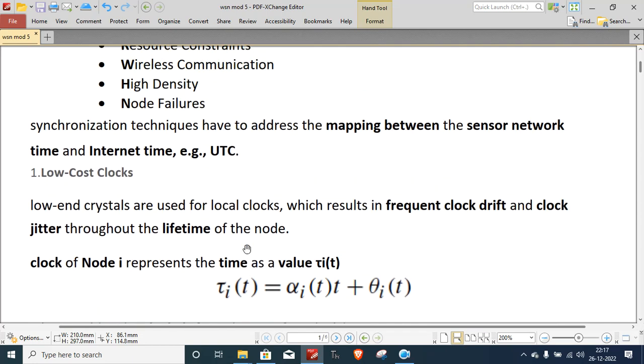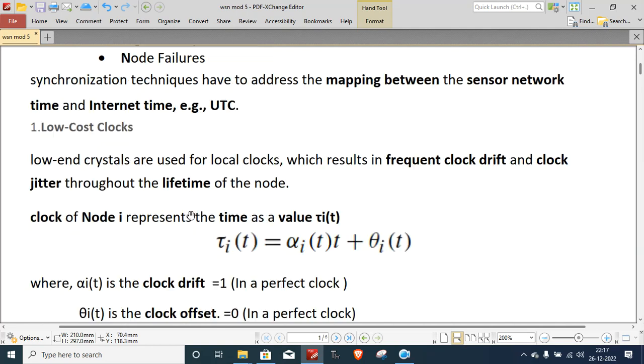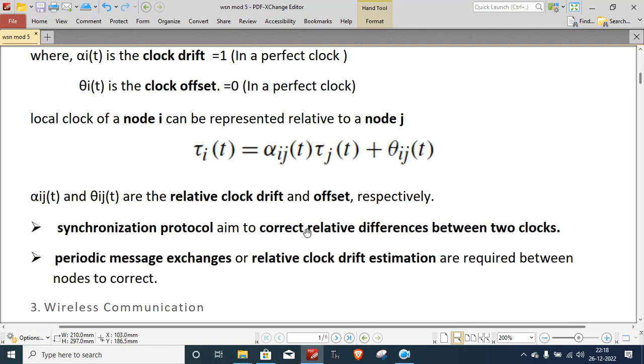They won't actually aim at syncing the network time to the internet time, but they'll try to bring down the differences between the relative clocks. For the synchronization protocol to work, periodic message exchanges should happen between the nodes, or something called relative clock drift estimation should be done between the nodes.